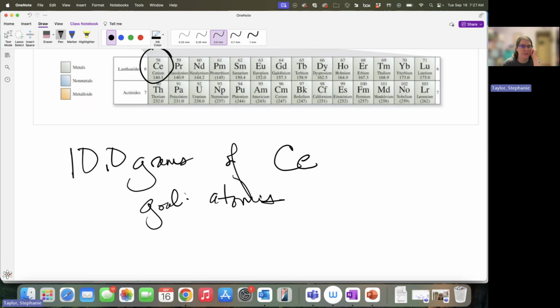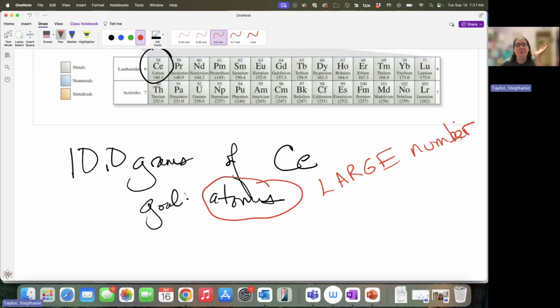So the goal is to get to atoms. One of the things I know, and this is one of the tricks, is that if I'm ending in atoms, this has to be a large number. Atoms are incredibly small. So not only does it have to be a whole number, it has to be a big number.